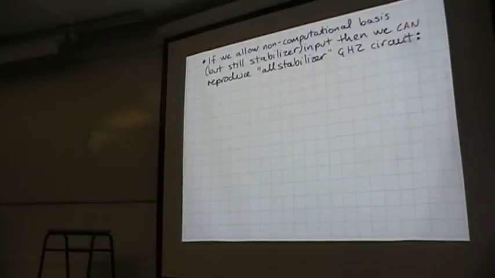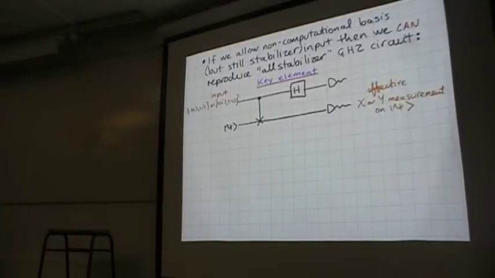Although, if I allow you to choose an input that's not a computational basis input, so you're still forced to have a stabilizer state, one of the eigenstates of x, y, or z, then you could reproduce GHZ non-locality.